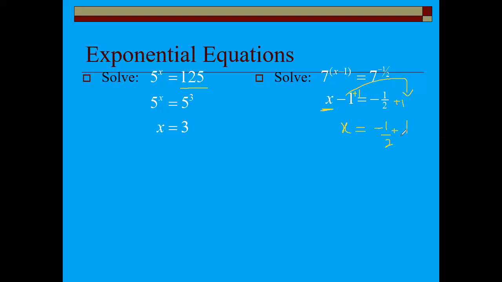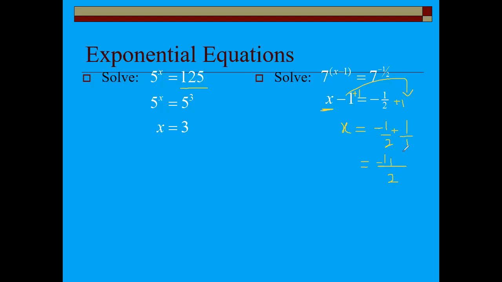Then 1 is the same as 1 over 1. This is where your LCMs come in. The LCM is 2. 2 goes into 2, 1, times the numerator minus 1.